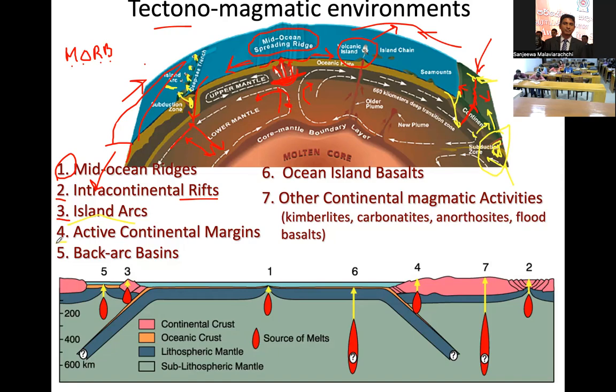So this is another situation, right? Okay, I should have considered the below diagram for you to understand the fifth one, back arc basins, the other tectonomagmatic environment where magma can be produced.